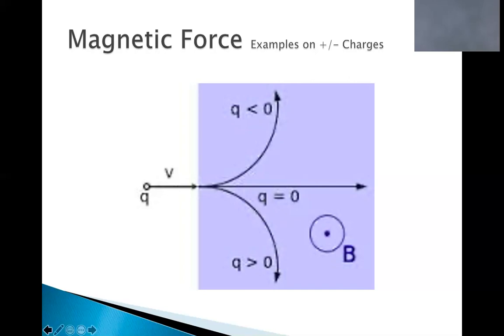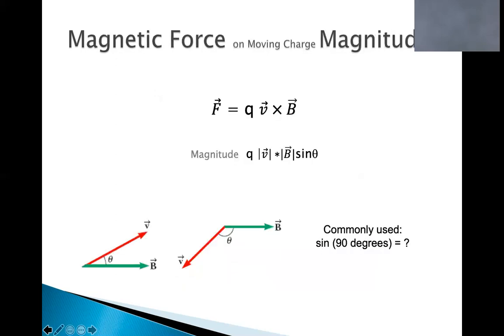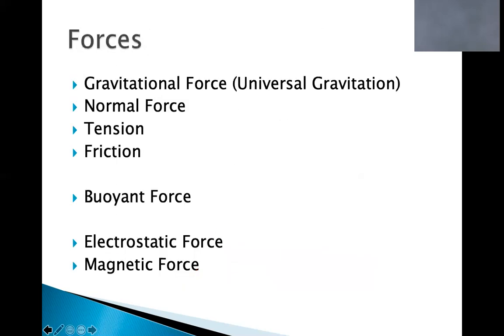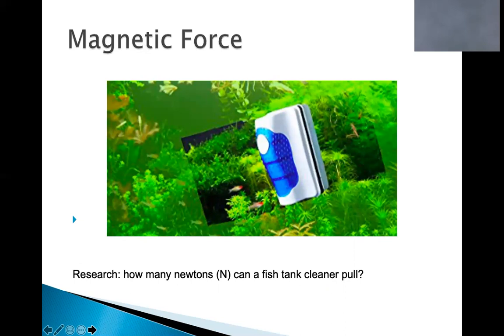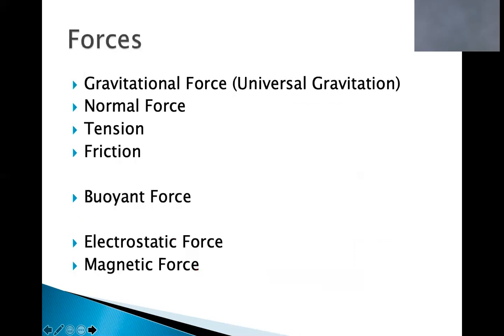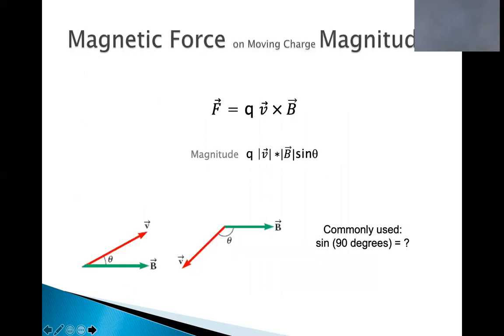In summary, we here talked about the magnetic force. It's still measured in newtons, like all the other forces we have introduced before. So this is our seventh type of force. We talked about the magnitude of magnetic force in the simplest case, which is on a moving charge.